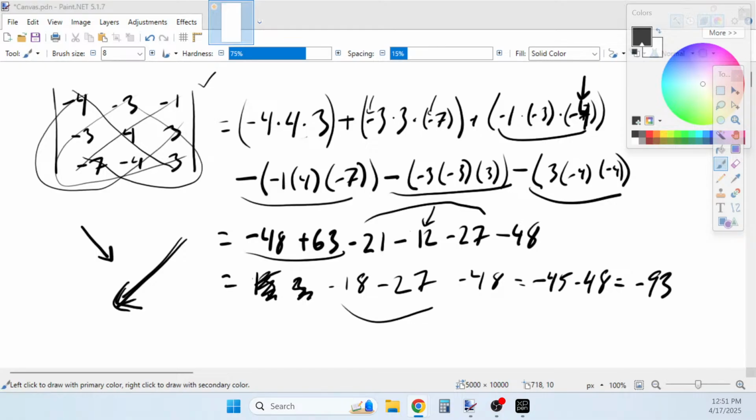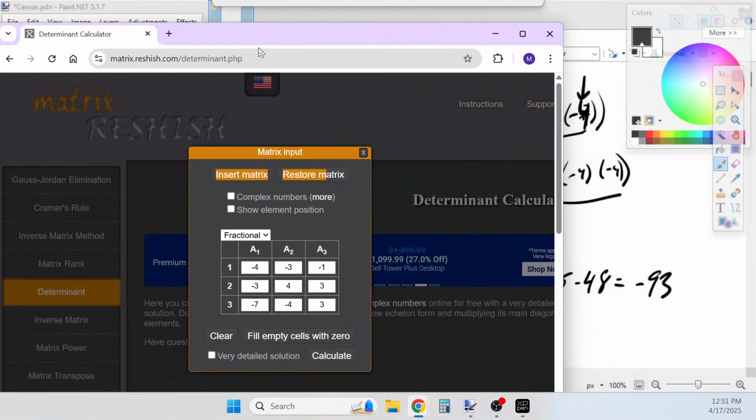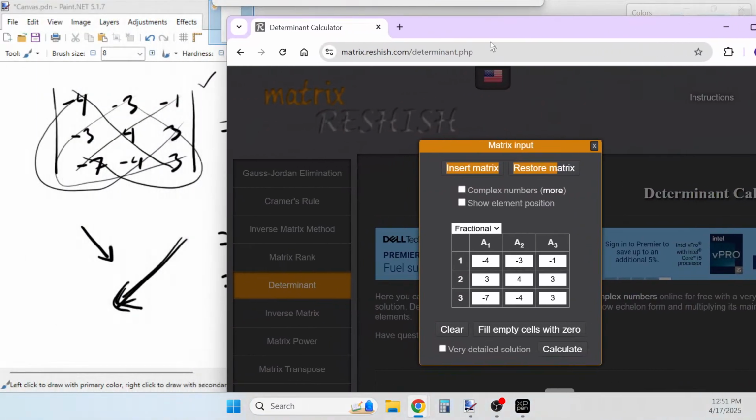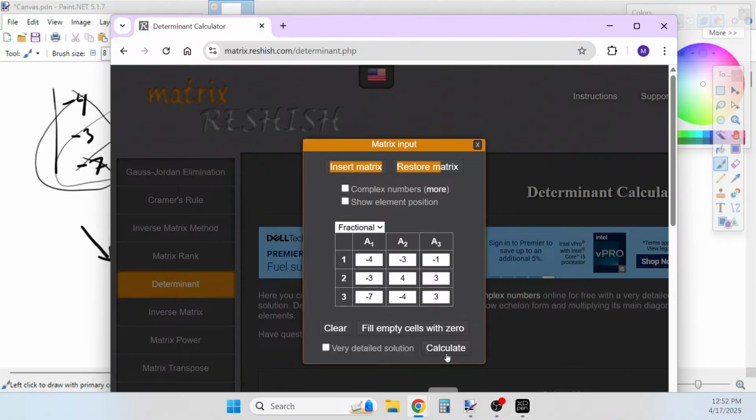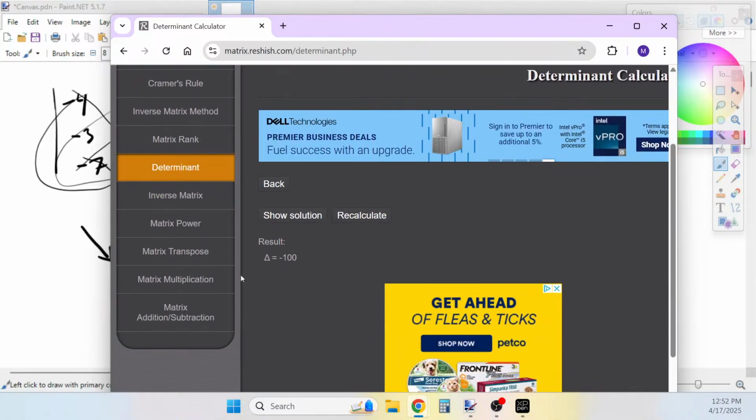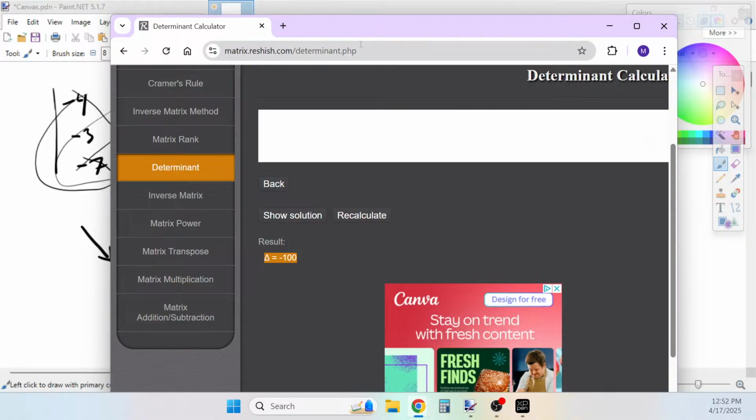No, this is what I put in. -3, -7. It gets the same thing as the code that I wrote.